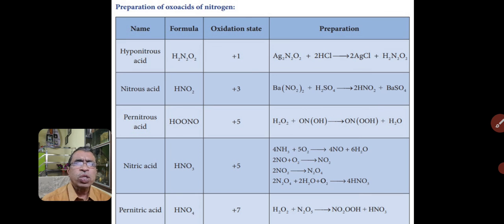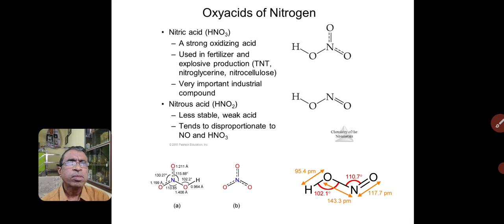This slide shows these various oxyacids of nitrogen and their methods of preparation. Here, this slide shows the structures of nitrous acid and nitric acid and their bond distances are also mentioned.